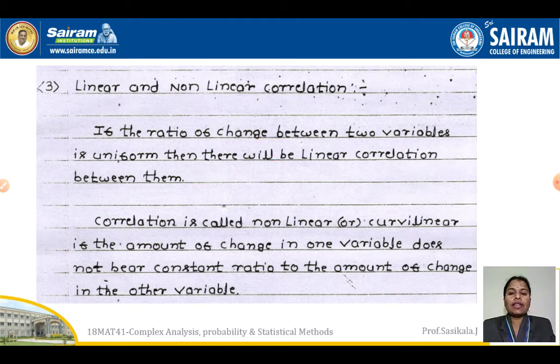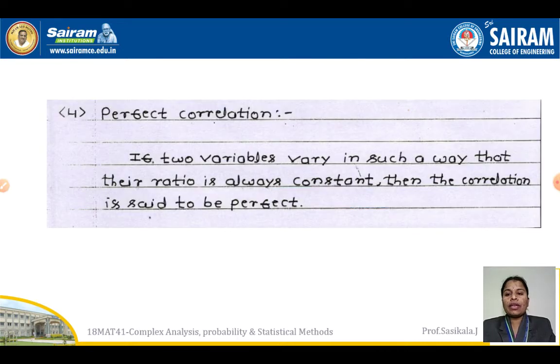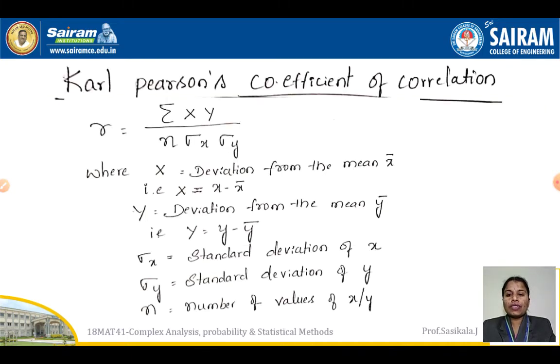That we can tell as non-linear correlation. The next one, perfect correlation. If two variables vary in such a way that their ratio is always constant, then the correlation is said to be perfect. So the types of correlation we have seen.